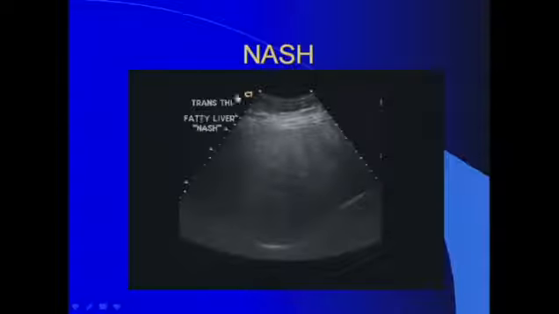And the reason why we call this NASH is because this was biopsy proven. Otherwise, what we would say in your diagnosis is that there is an advanced degree of fatty infiltration of the liver, and a potential diagnosis like NASH should be considered in the differential diagnosis, specifically if you see abnormal liver function tests like elevated enzymes.